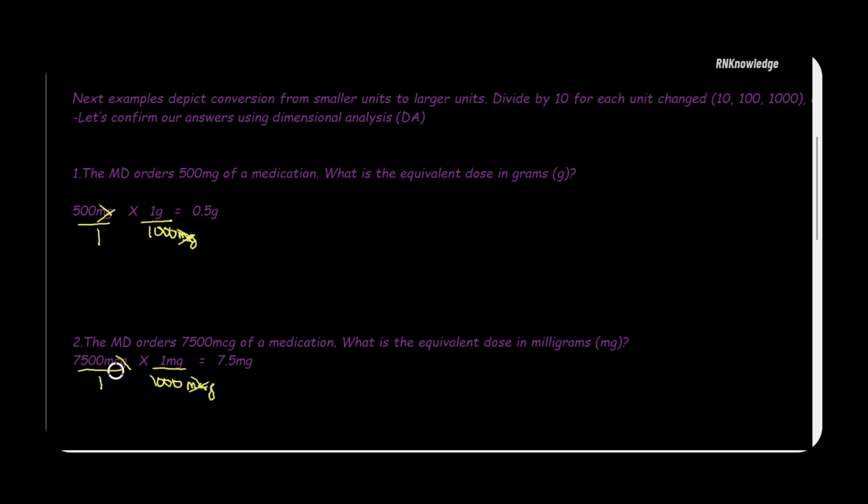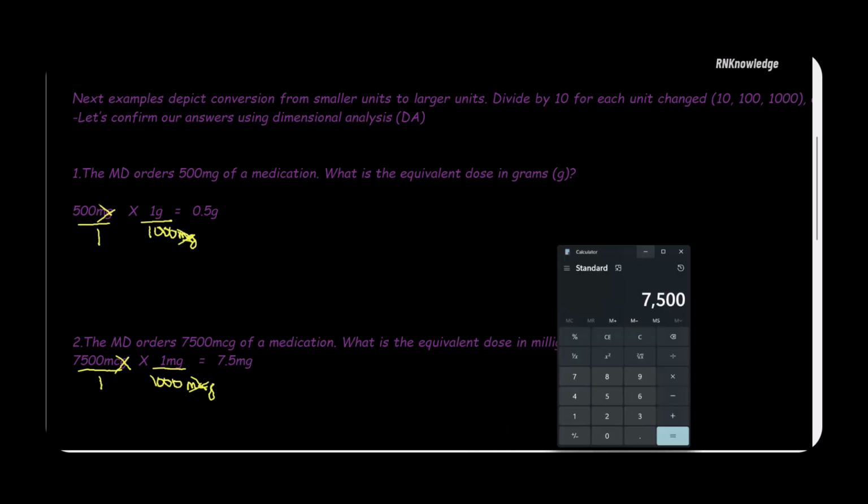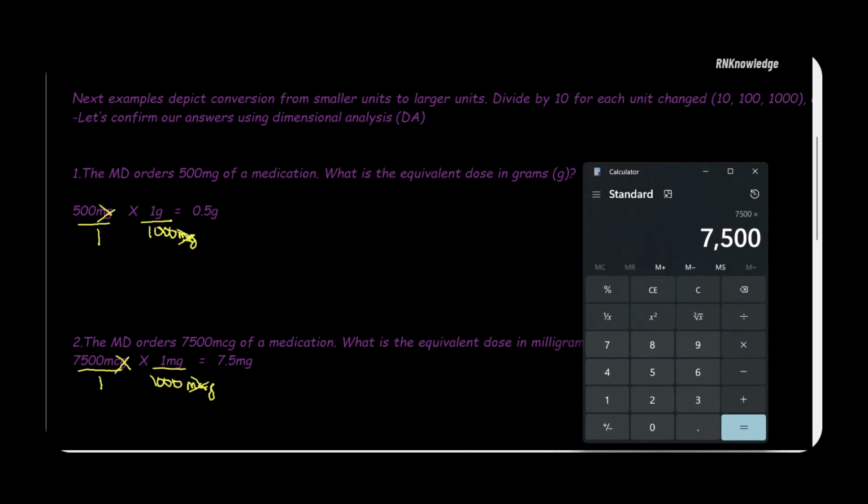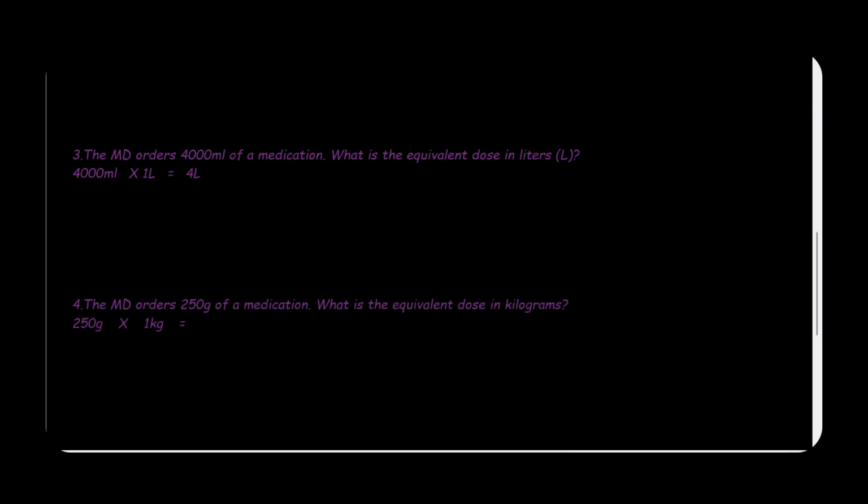Put the placeholder under the 7,500, but it's not necessary because these aren't true fractions. Cancel out the micrograms and we're left in milligrams. Multiply across, 7,500 times 1 is 7,500. Divide that by 1,000 and our answer is 7.5 milligrams.